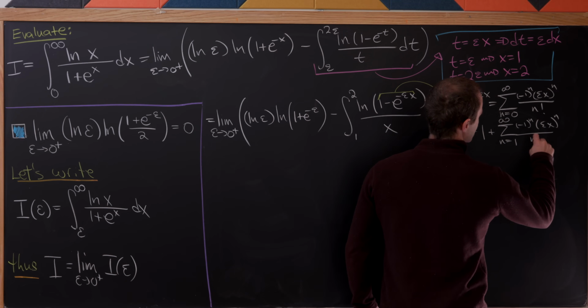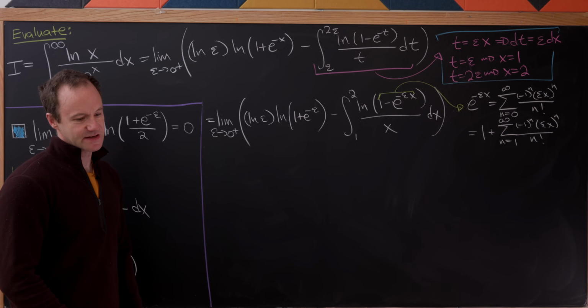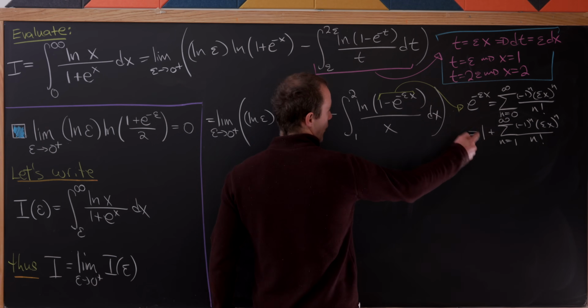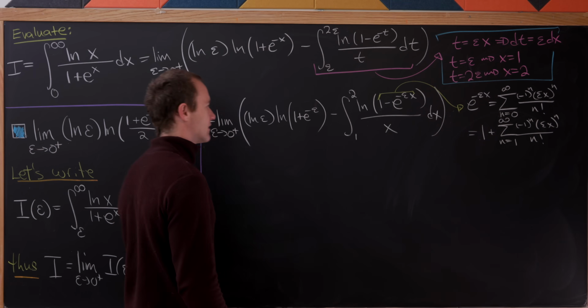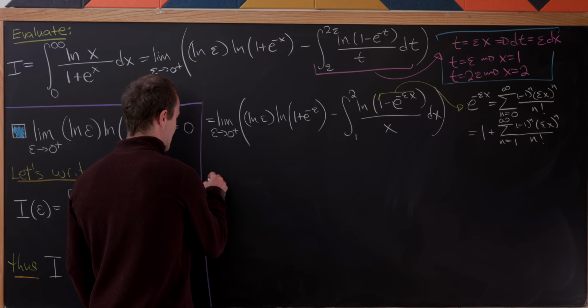That's because the first term of the exponential function will be 1 when we have that sort of setup. But now that 1 will cancel with the 1 right here and leave us with something which is a little bit easier to work with. So let's write that out.